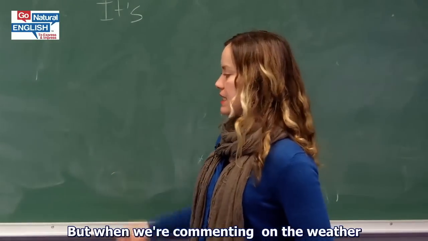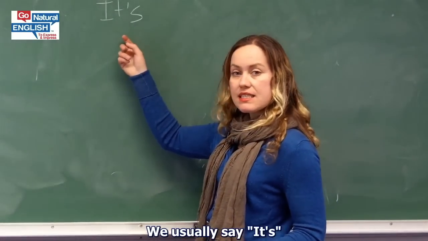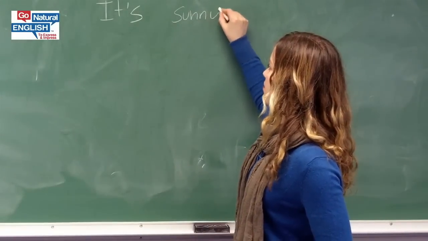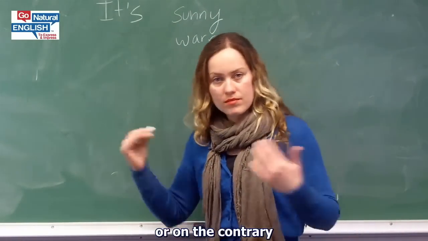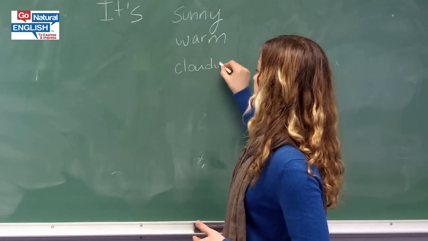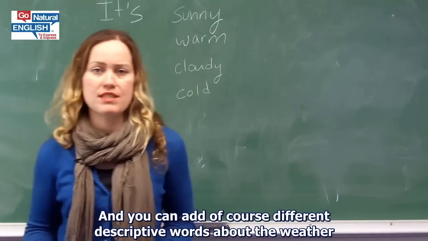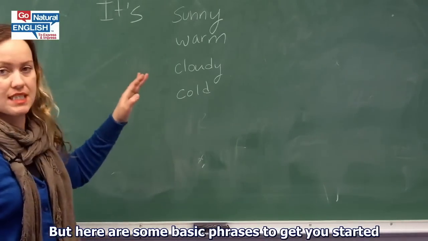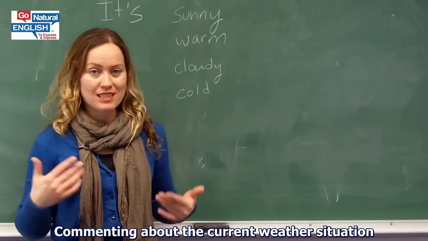But when we're commenting on the weather or talking about the weather, we'll usually say it's, and then, for example, it's sunny, or it's warm, or on the contrary, it's cloudy, it's cold. And you can add, of course, different descriptive words about the weather. But here are some basic phrases to get you started commenting about the current weather situation.